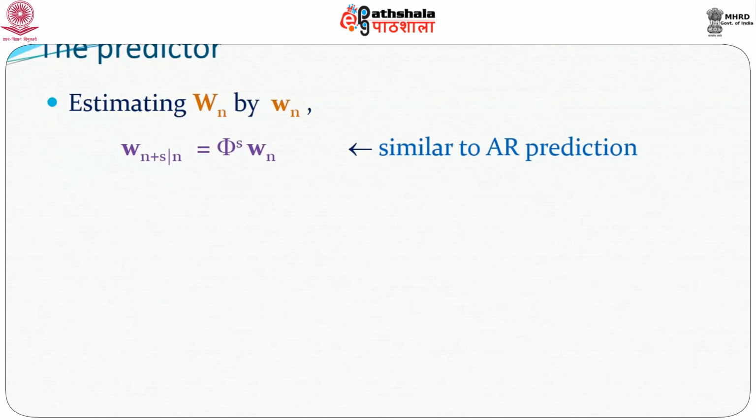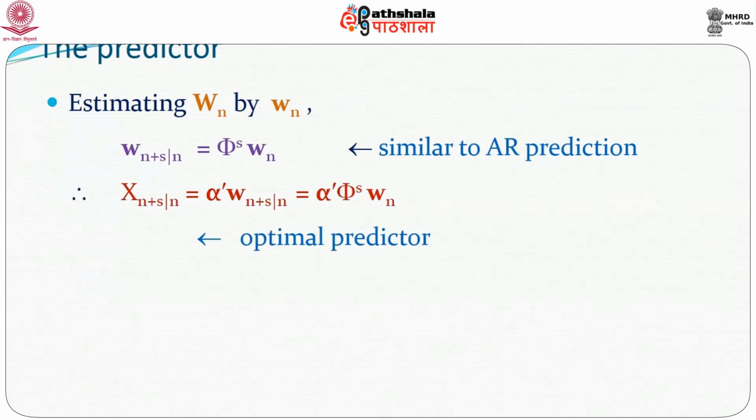And hence for any general x_{n+s}, we can predict that given x_n as alpha prime phi to the power of s w_n. This is referred to as the optimal predictor for x_{n+s}. Problem here is that the parameters alpha and phi would be unknown.